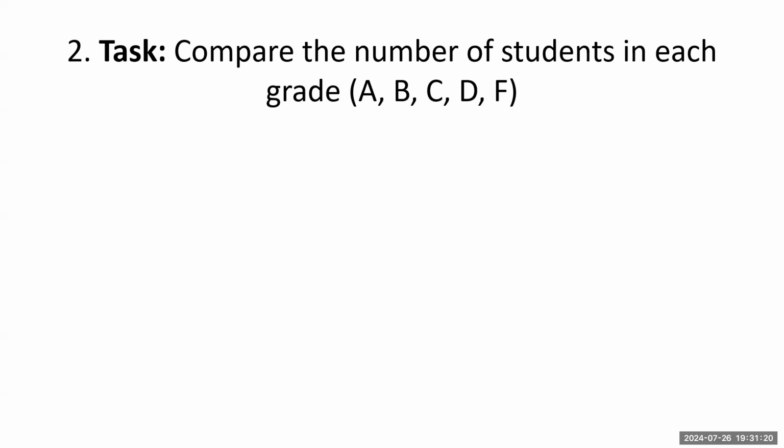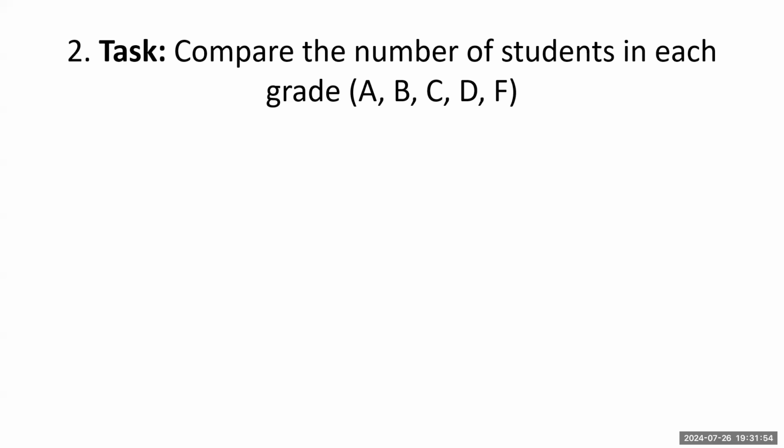We want to compare the number of students in each grade, okay? We want to look at the visualization and go like, oh, this number of students are in this grade, this number of students are in this grade. So we want to compare. We're looking at frequency. So two things to know: categories, frequency.